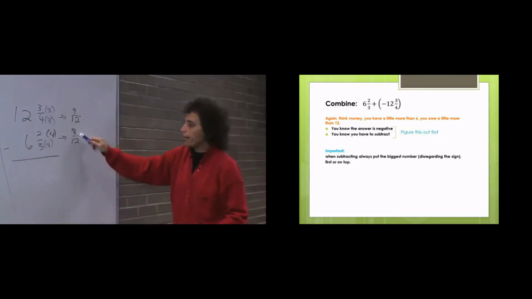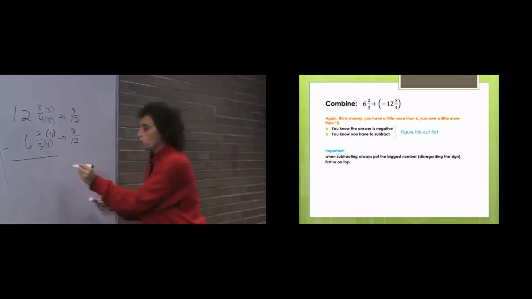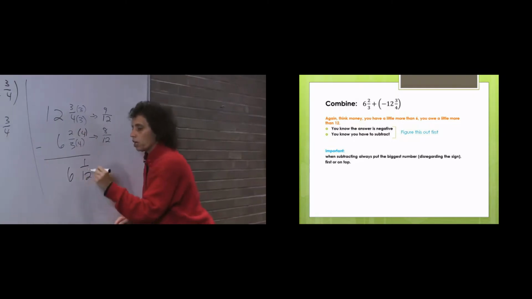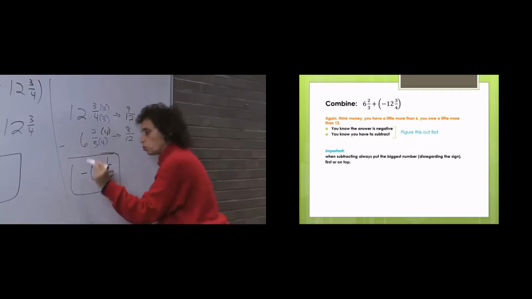Remember you're subtracting: 9 twelfths minus 8 twelfths is 1 twelfth. 12 minus 6 is 6. But remember the answer is negative, so it's negative 6 1/12.